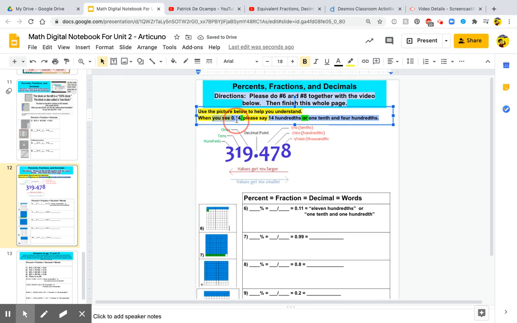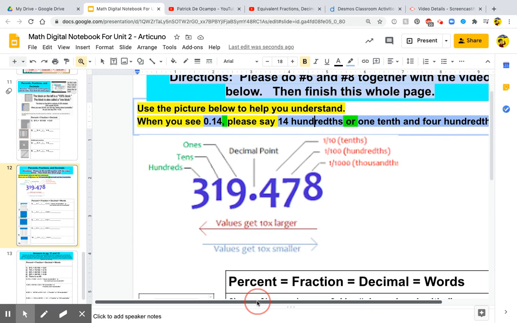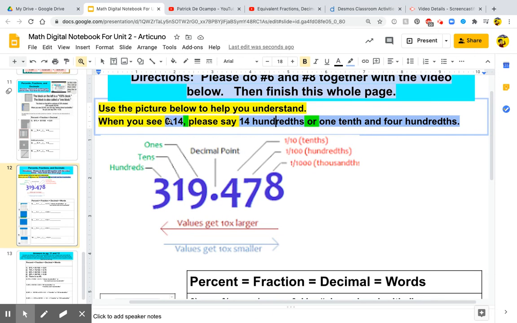When you see this number, please say 14 hundredths. Let me zoom in. That's better. When you see this number, please say 14 hundredths or 1/10. Why? Because this 1 is in the tens place.